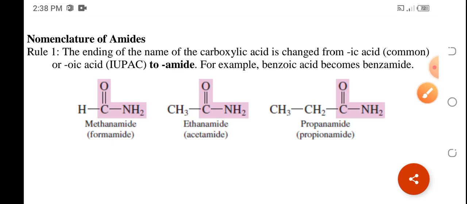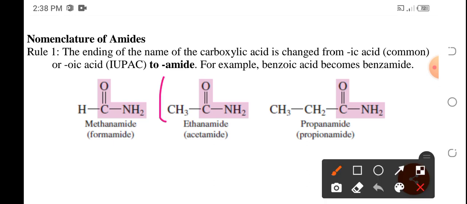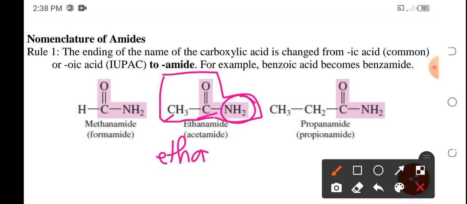Next, this is originally an ethanoic acid, but because of the amino group, it falls under amide. The parent chain will have 2 carbon atoms, so that would be ethanoic acid.